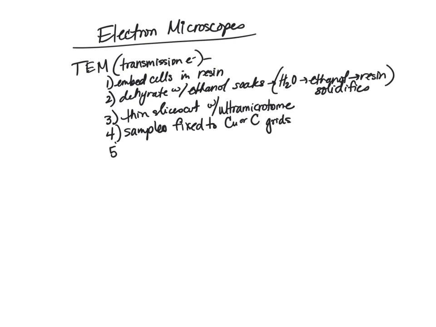And then lastly, we are going to stain them with electron-dense atoms. So we put those electron-dense atoms on there. Some examples the text gives are uranyl acetate or osmium tetroxide.